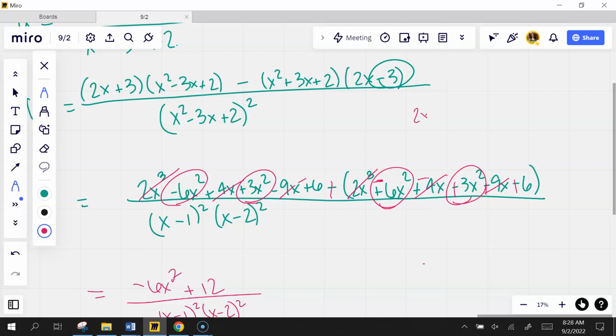You probably multiplied them like this. Right here. All right, 2x cubed minus 6x squared plus 4x. Did you multiply the 2 and the 2 together?